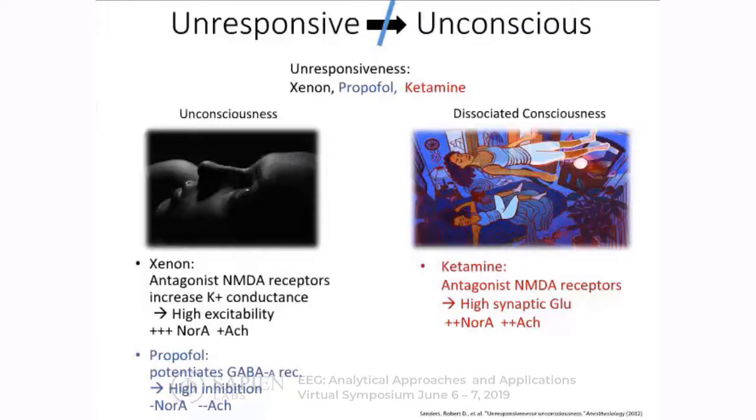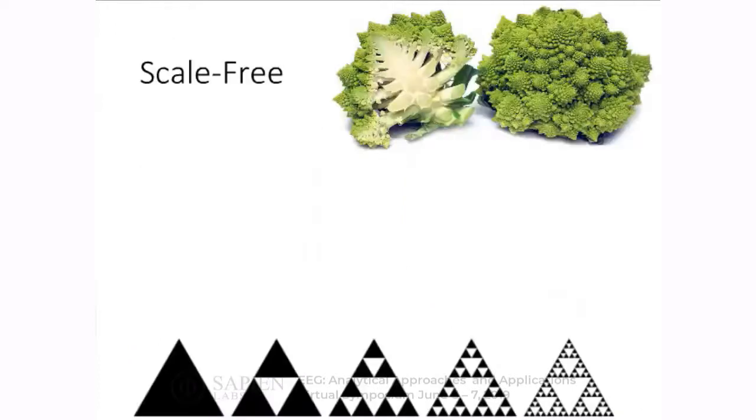Ketamine is also an antagonist of NMDA receptors, and what it does is essentially increase the availability of synaptic glutamate, and it also increases the neurometabolic factors associated with excitability. So much for the drugs.